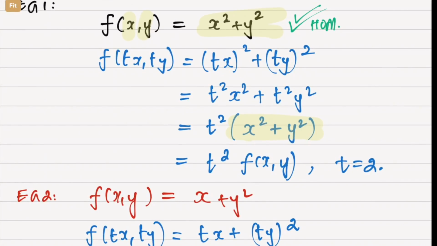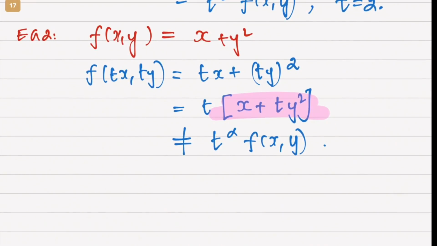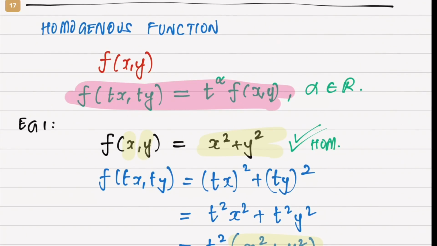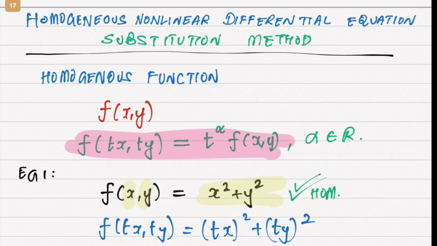Now we're going to use this definition to define a homogeneous differential equation. So what is a homogeneous differential equation? We're going to use this definition of the homogeneous function to define the homogeneous nonlinear differential equation.